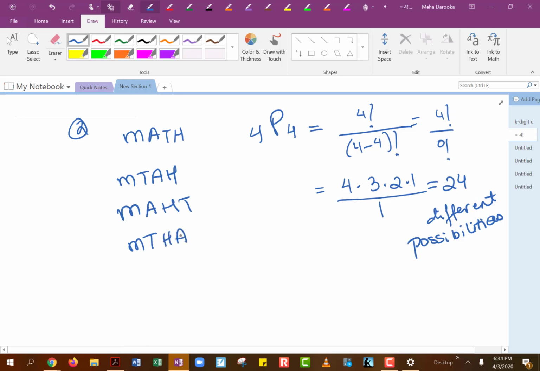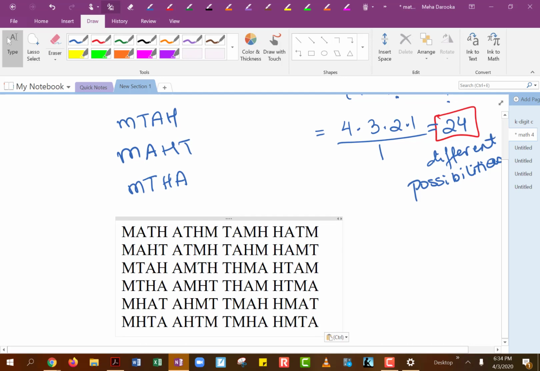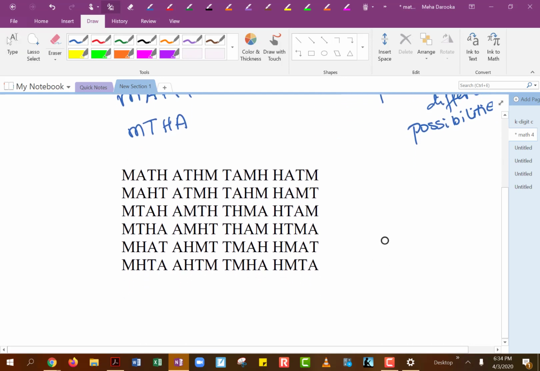So this is what I was talking about, where I took the shortcut. These would be the different ways you can write the letters that make up the word math. So you of course got math here, and then MTAH, which is one of the options here.